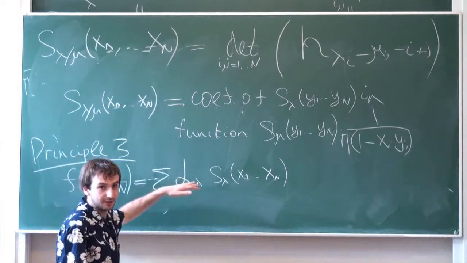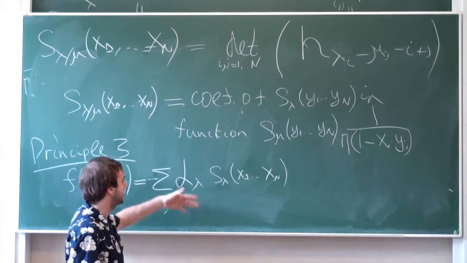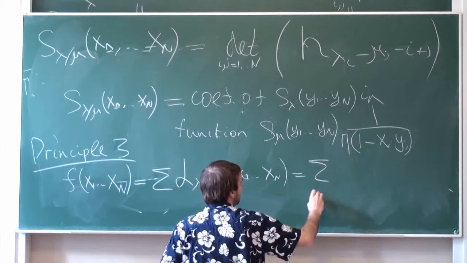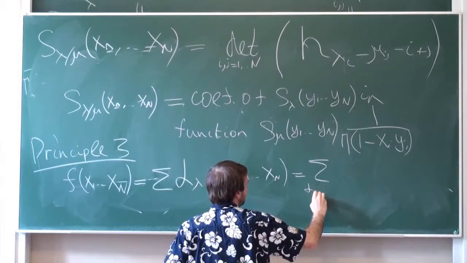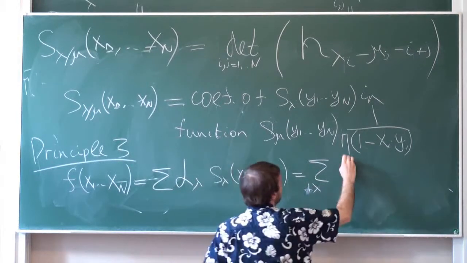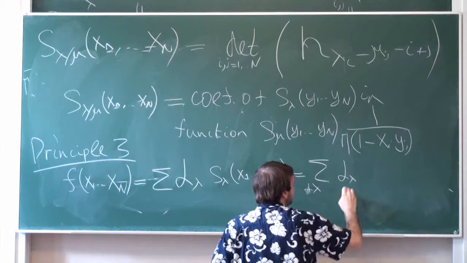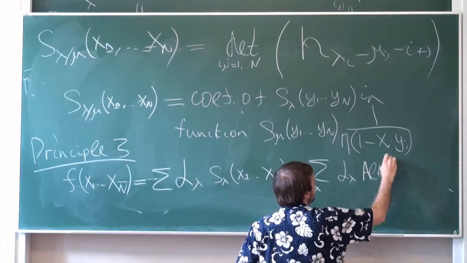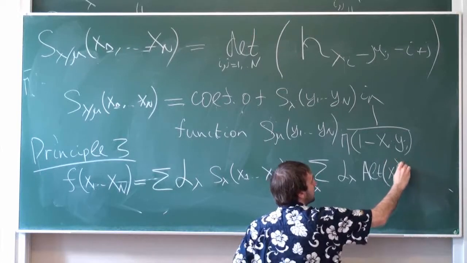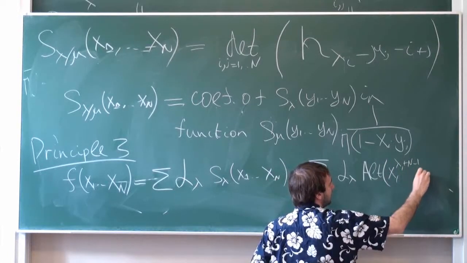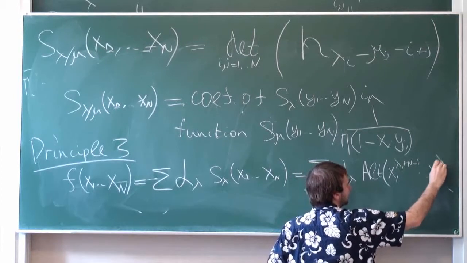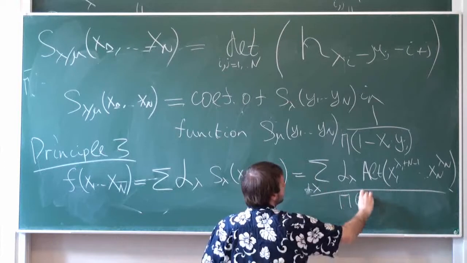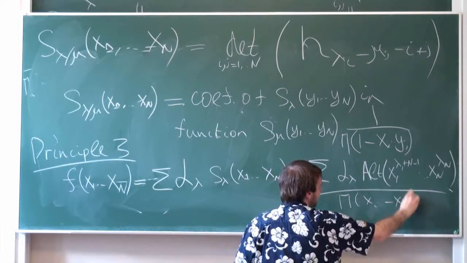Well, we should just recall the definition of the Schur polynomial, that this is an alternant. So this is the sum over lambdas of a lambda times the alternant of x1 to the power lambda 1 plus n minus 1 through xn to the lambda n, and everything divided by the product of xi minus xj.